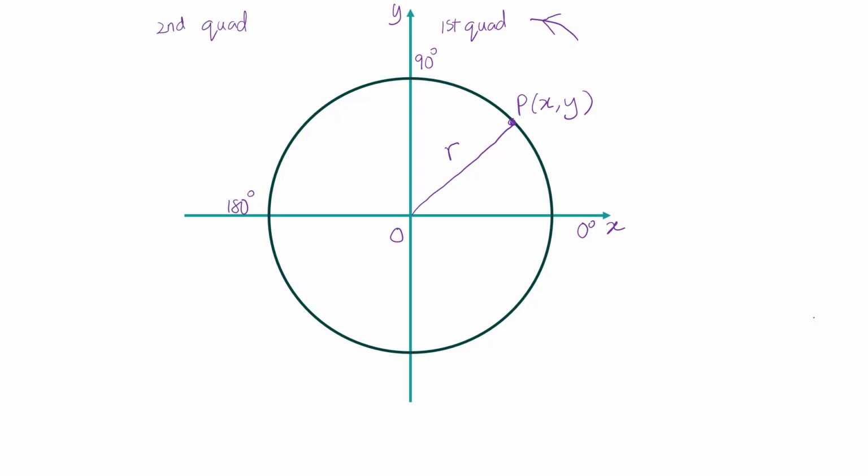Between 180 to 270 degrees, it will be the third quadrant. And finally, from 270 to 360 degrees, it will be the fourth quadrant. In today's lesson, we're just going to concentrate on the first and the second quadrant.